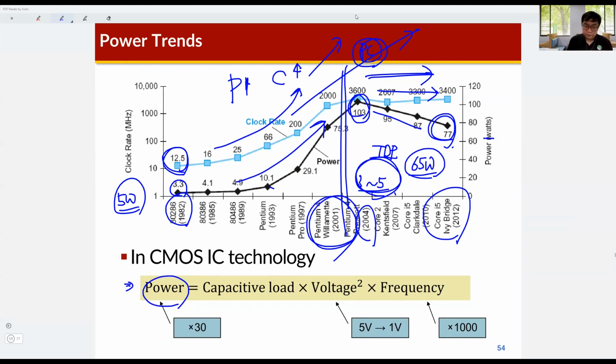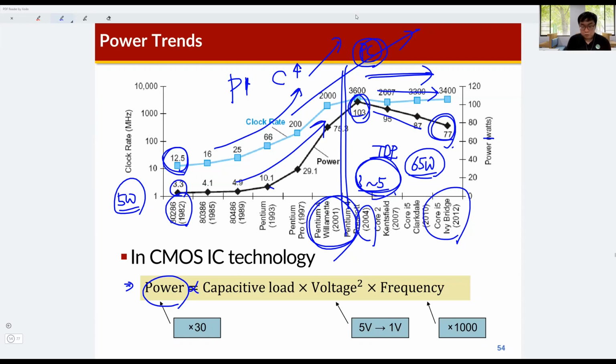Actually there is some factor alpha, that is the activity factor, but in this equation, it is not shown, so we can say that this is just proportional.